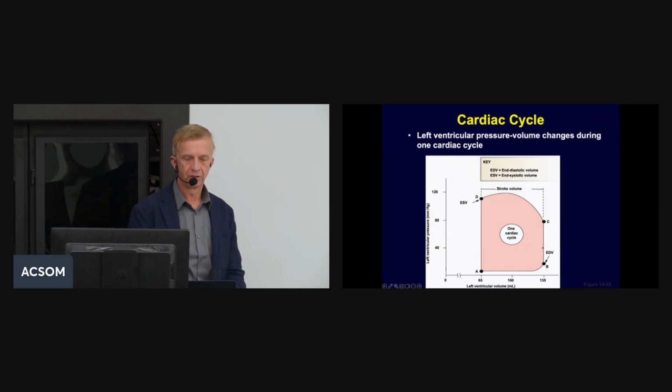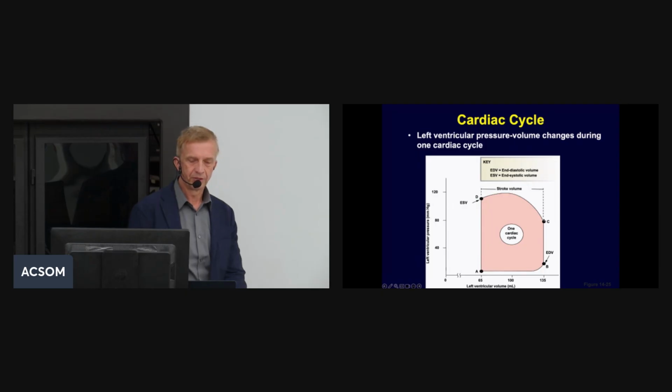So what is this phase called? Isovolumic contraction phase. So from point B to point C, volume doesn't change, the pressure increases inside the left and right ventricle. So that's called isovolumic contraction.